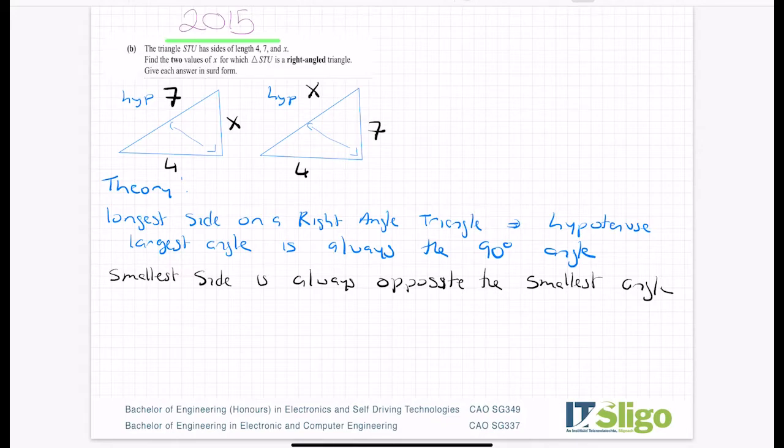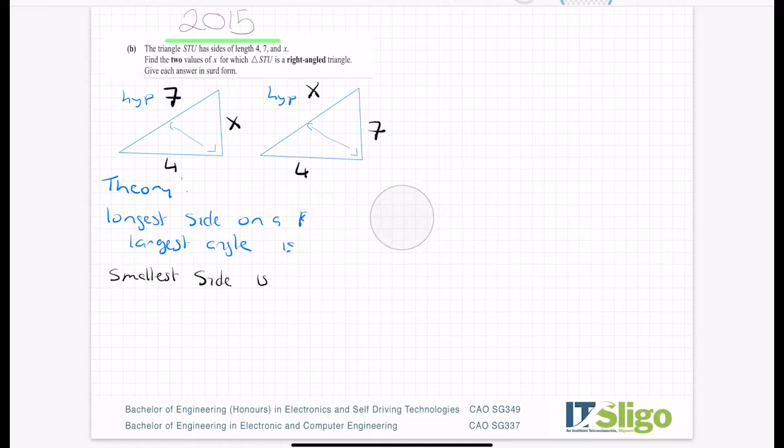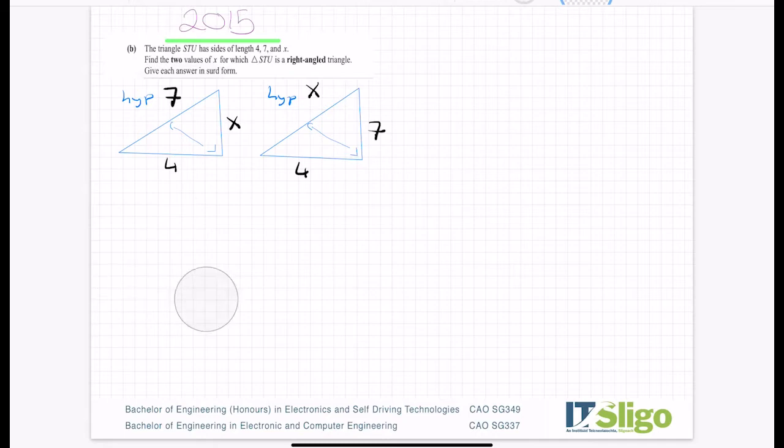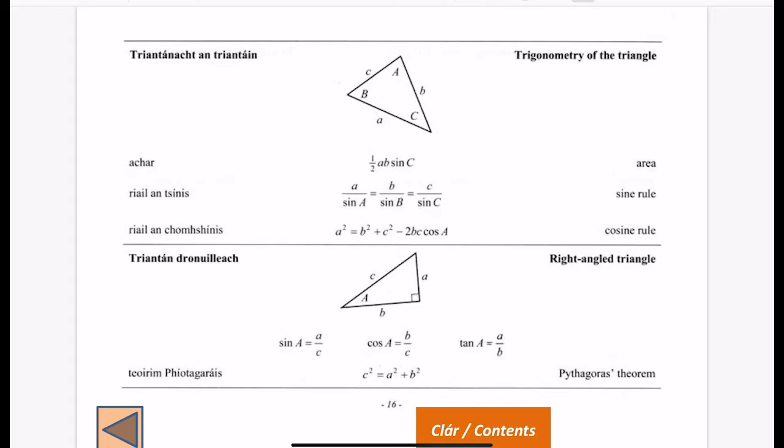I'm going to clear out that piece of theory now. It's in the recording, so you have it. So take it down, make sure you know it, and let's work out the two values of x. So let's do this one first. Again, a right angle triangle, we only have sine, cos and tan, or Pythagoras' theorem.